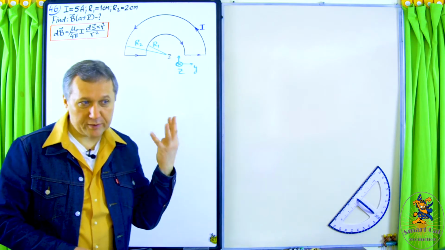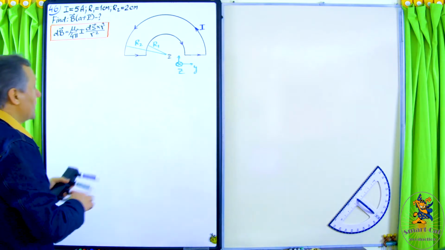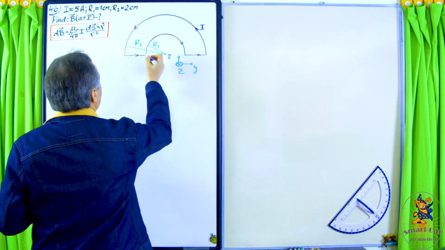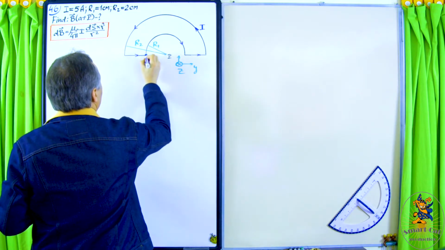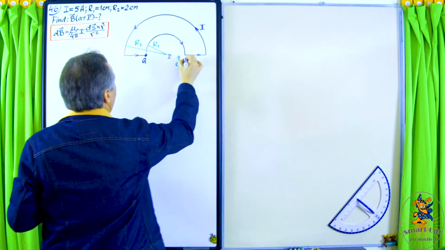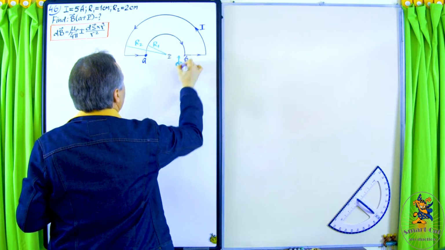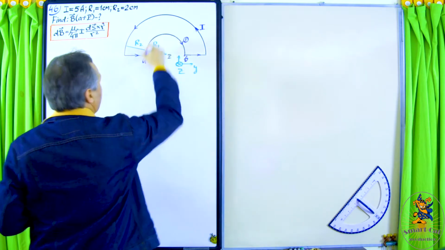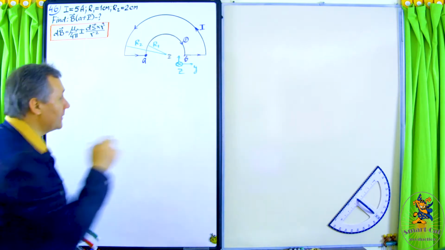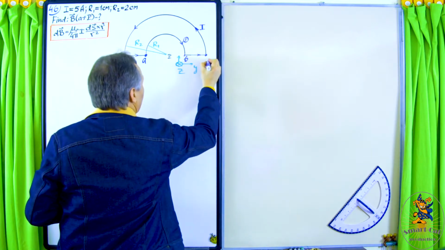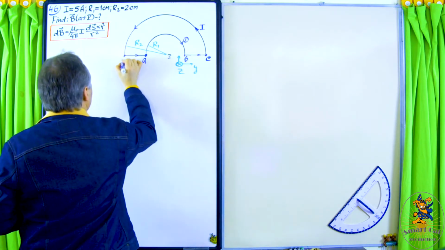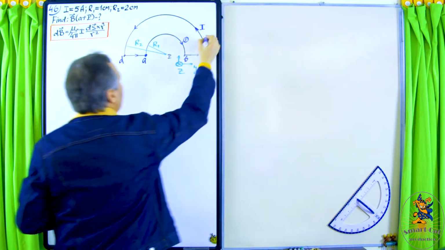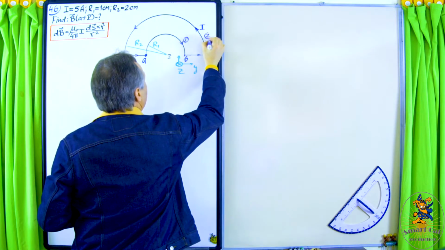So we'll have to split into 4 sections, and I'm going to divide it using these points. Let's call this point A, this will be point B, and this section will be my section number 1, the semicircle. Then let me denote this point as C and this point as D, and this semicircle will be my section number 2.